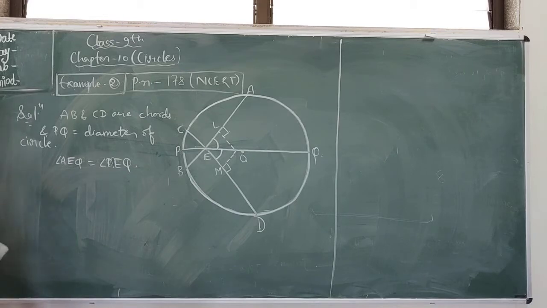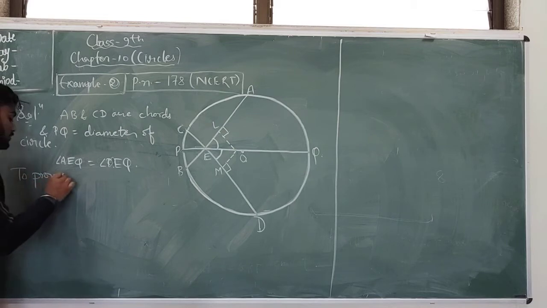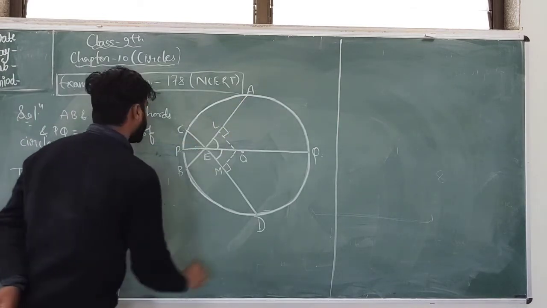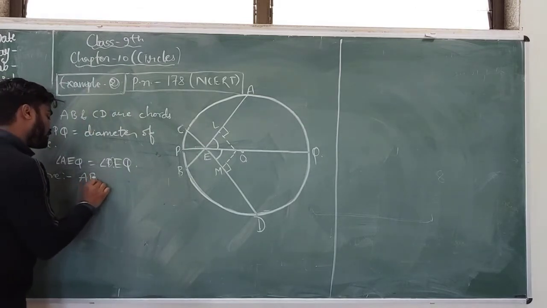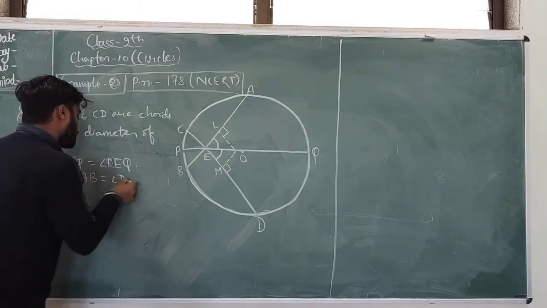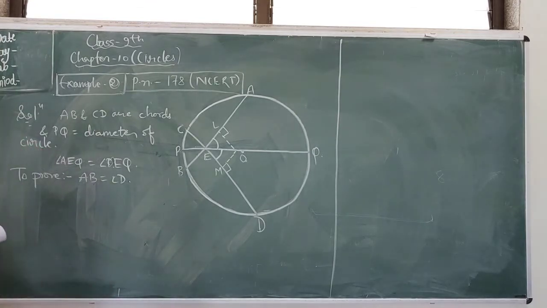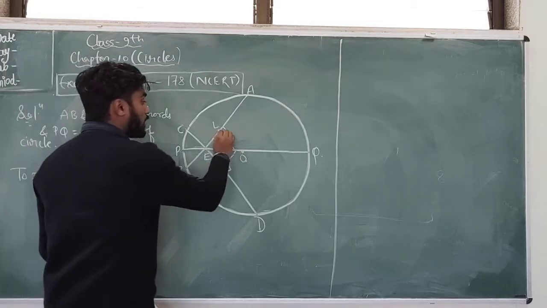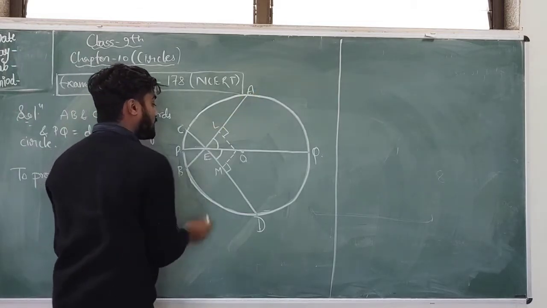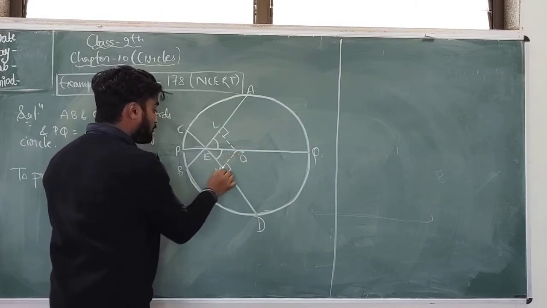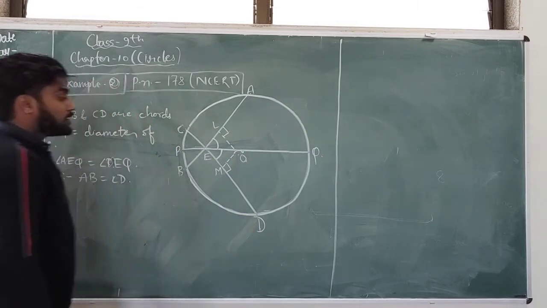Now what do we have to prove? We have to show that the two chords AB and CD are equal, AB equals CD. Now we draw two perpendiculars from the center: OL perpendicular to AB, and OM perpendicular to CD.